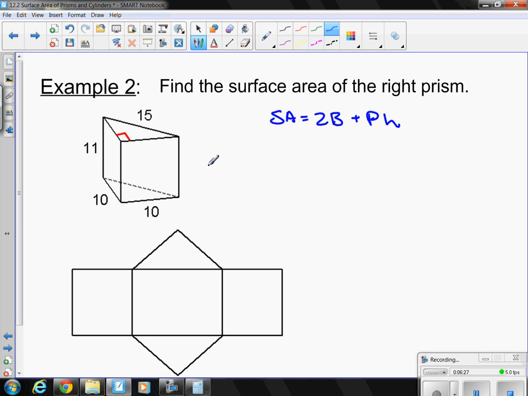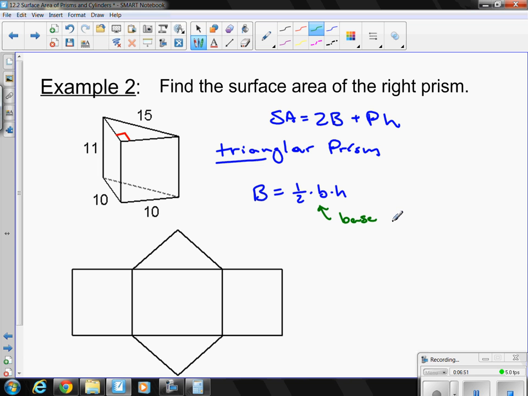This is a triangular prism. So my base is a triangle. So when I want to calculate the area of my base, I'm going to use 1/2 base times height. Note, this b is the base of the triangle.